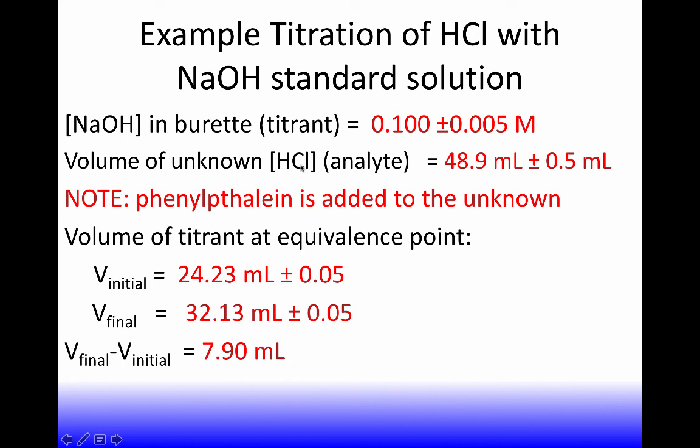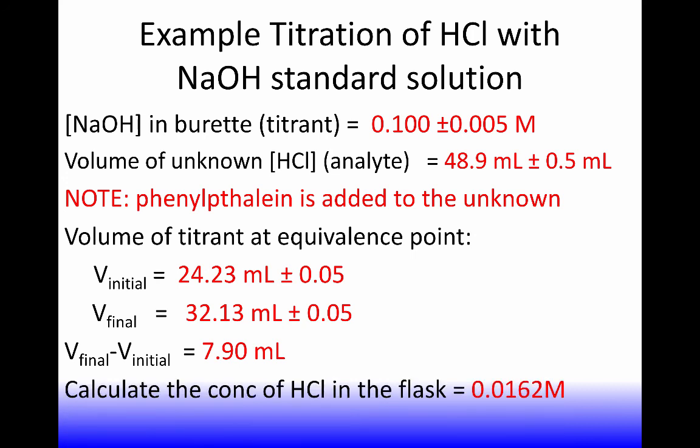And since there's one hydrogen ion per compound, that tells us the moles of the actual hydrochloric acid. If we have moles of hydrochloric acid and we divide it by the volume of hydrochloric acid in liters, we'll get the molarity. And that is what we've been trying to find. So take a moment, do your calculation, and then see if this is what you come up with.